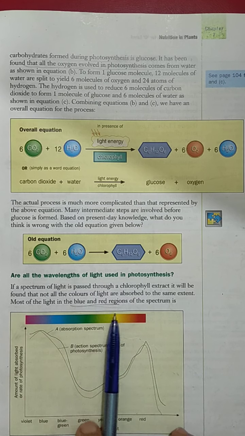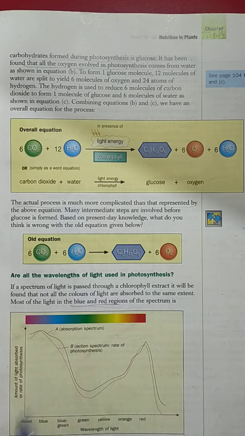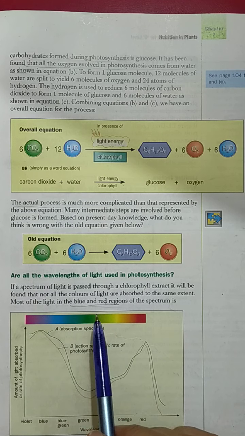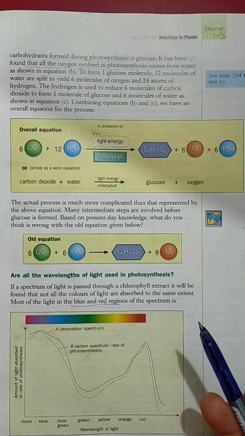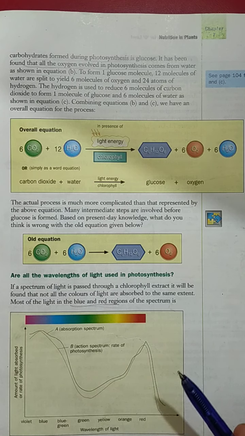These colors combine and make colorless light, or you can say white light. Now we have to find out whether all these colors are very important for photosynthesis or whether there are specific colors. So scientists performed different experiments to find out which color wavelengths are most favorable for the process of photosynthesis.